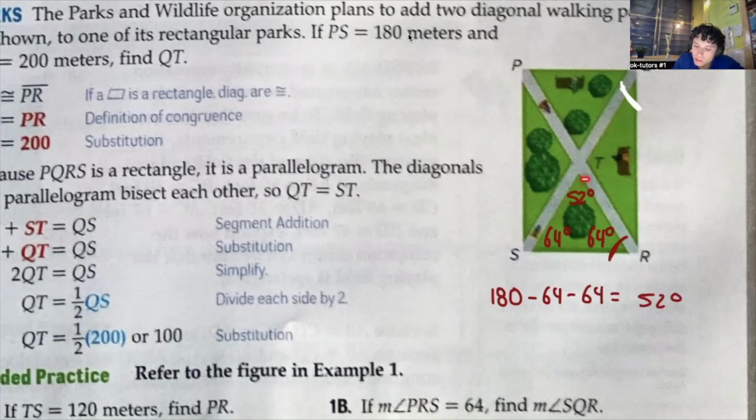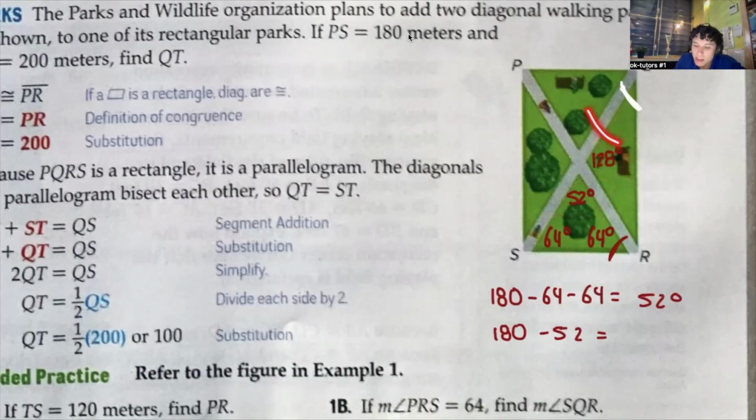And if this is 52, how much would this be? Because this is a linear pair, 180 minus 52 is going to equal 128. So this is 128 degrees.